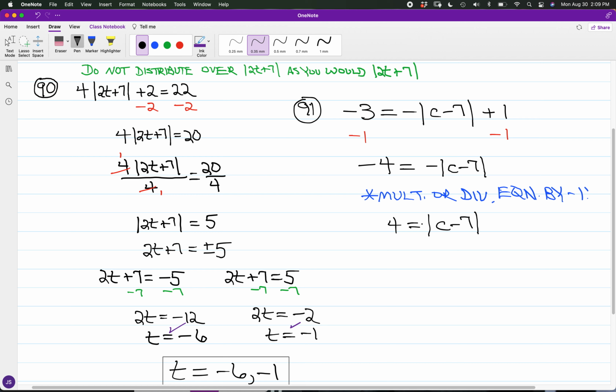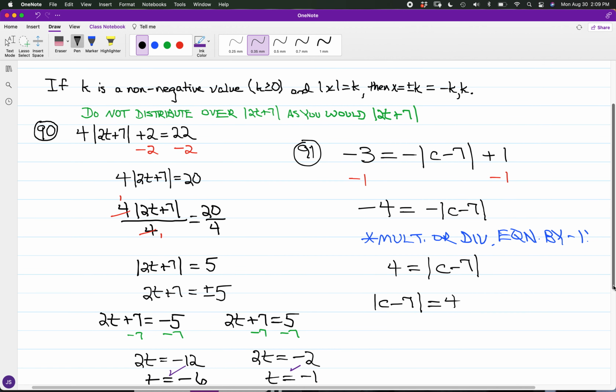And I'm just going to switch the order of the terms in this equation, logically the same, just going from a is equal to b to b is equal to a, and just have the variable expression on the left. So I have the absolute value of c minus 7 is equal to 4.